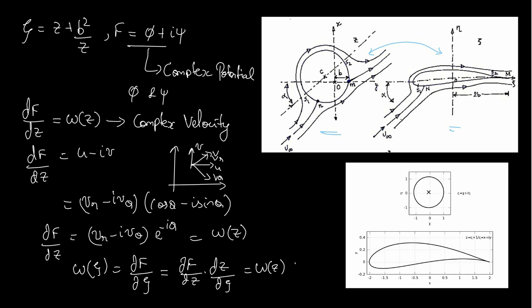So we can see that I can write W of zeta over W of z to be dz by d zeta.